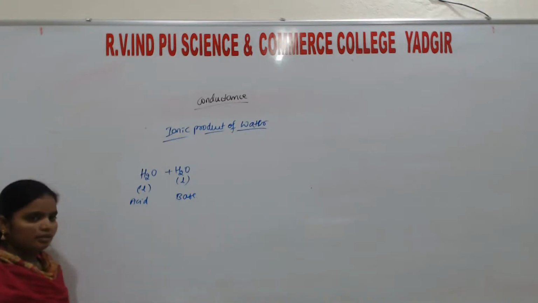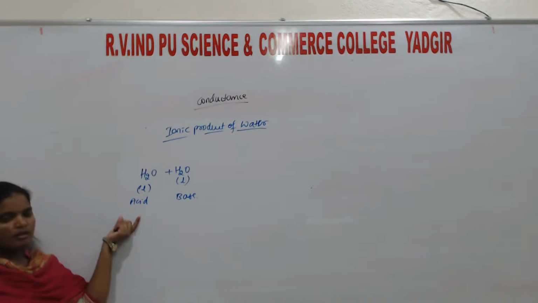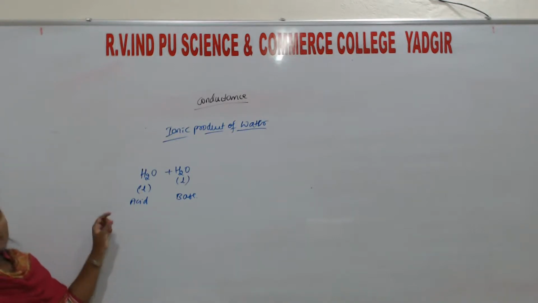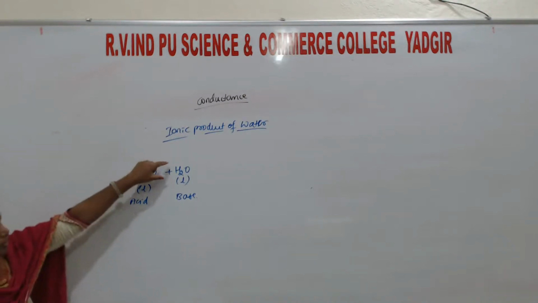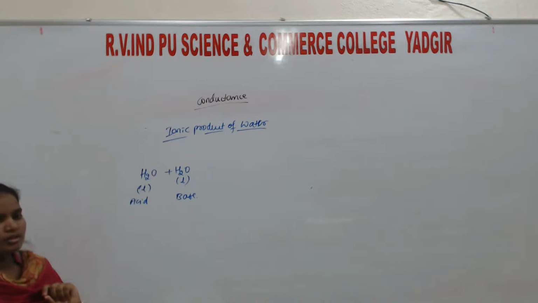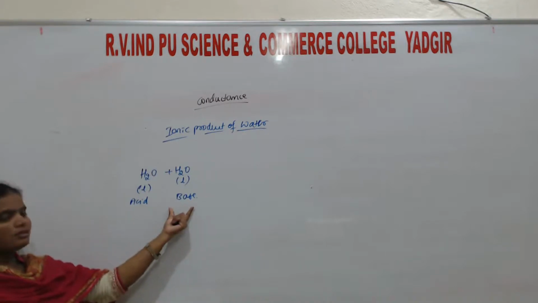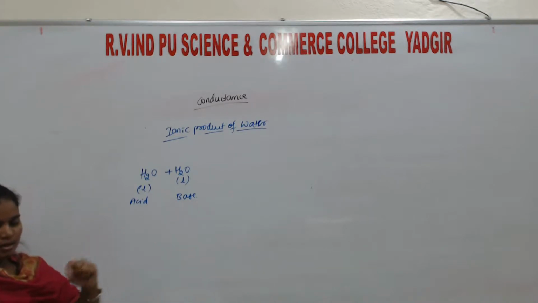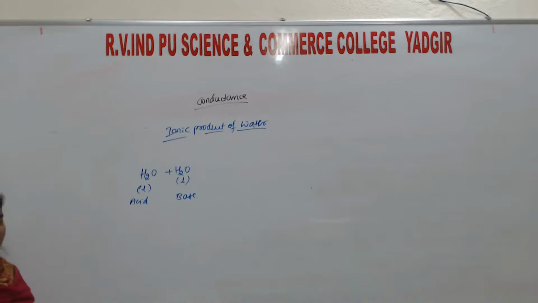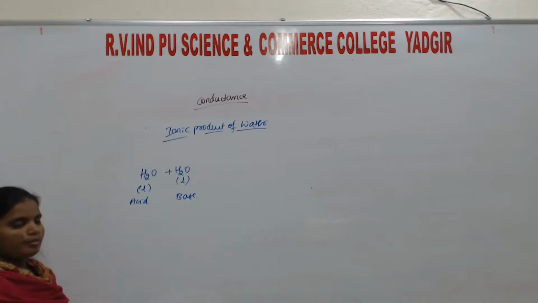The acid donates a proton, and the one accepting the proton behaves as a base. This gives conjugate acid and conjugate base.